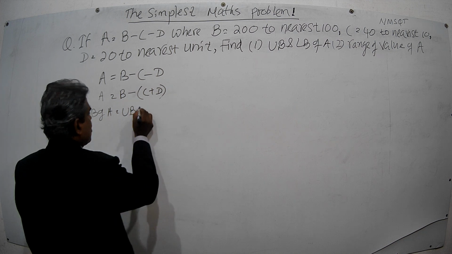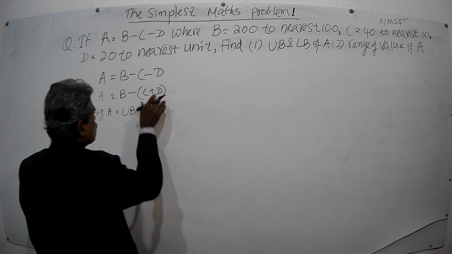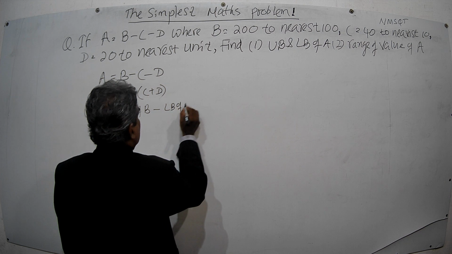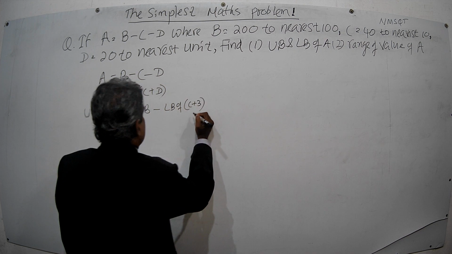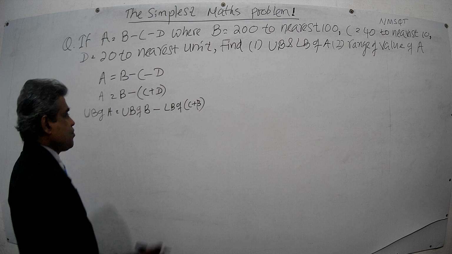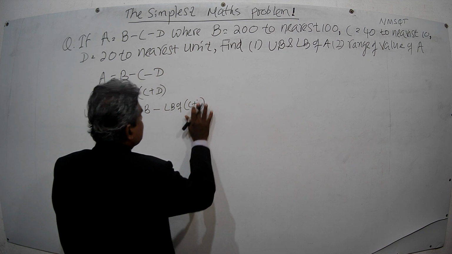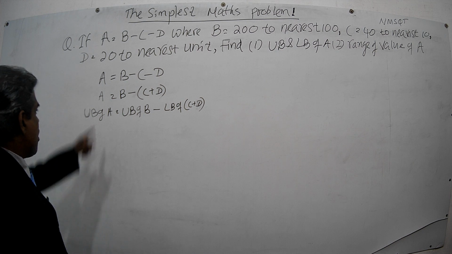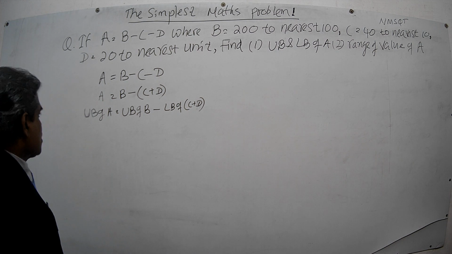Upper bound of B minus lower bound of C plus D. That's how to find the upper bound of A, the upper bound of this difference.